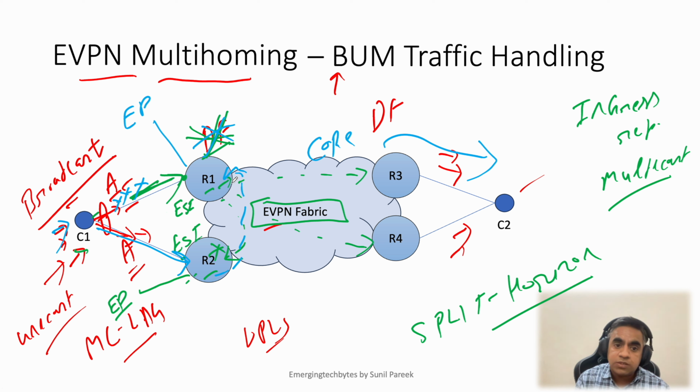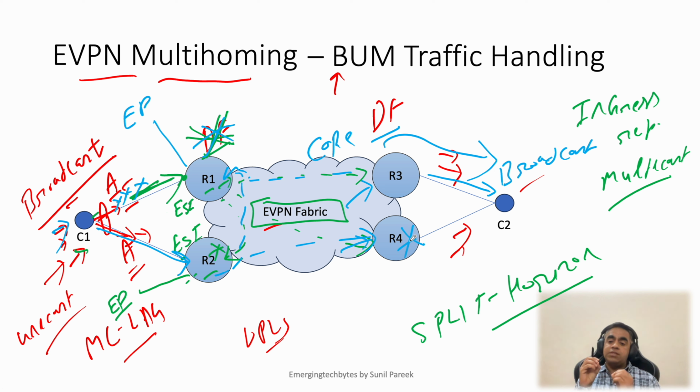Like in this case, when this broadcast packet comes here, it will hit both R3 and R4. But because R3 is the DF, this one will forward the broadcast packet here. R4 will simply drop it because it is not the designated forwarder.